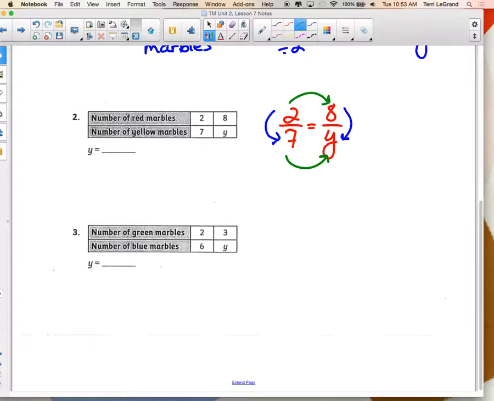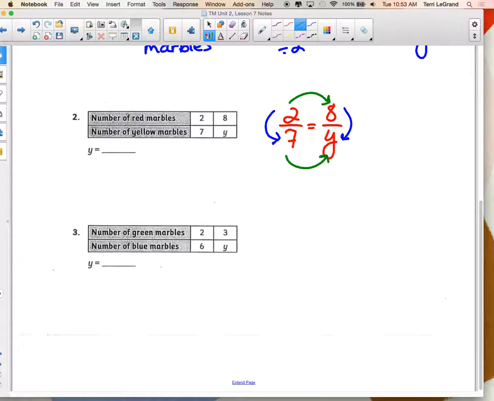Which one's friendly? Both of them? How about the 2 to 7? Is that friendly? You know what to do to 2 to get 7? No. Okay, so we are going to ditch the vertical strategy, aren't we?